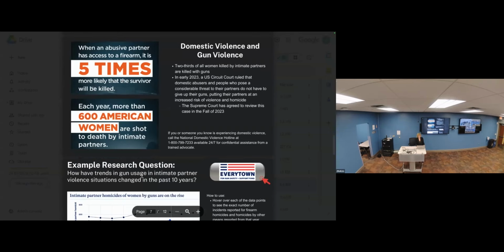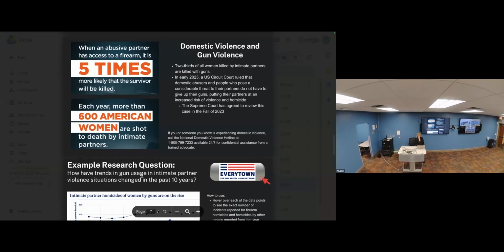There are other examples. We try to encourage students who are making data set guides to have at least 3 example research questions. So another example research question is, how have trends in gun usage in intimate partner violence situations changed over the last 10 years?